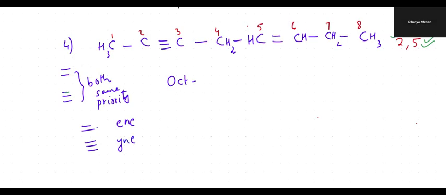Whenever there is a double and triple bond, we will use the alphabetical order for writing the name, so definitely E comes before Y. So oct, 5-yne, irrespective of the position, we will write according to the alphabetical order, only while writing the name. While numbering, both of them have the same priority. And 2-ene.